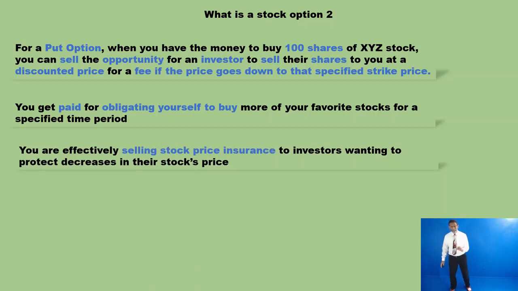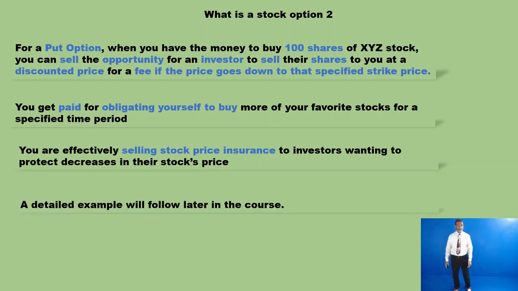In this case, for cash secured puts, you are effectively selling stock price insurance to investors wanting to protect against the downside price risk. And we will cover a detailed example in this course.